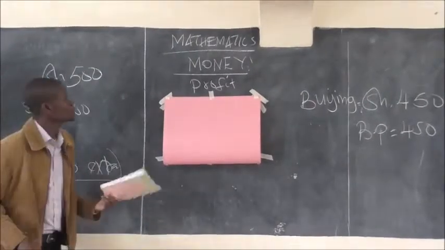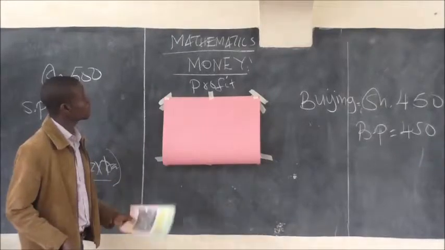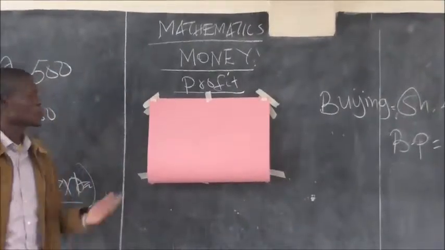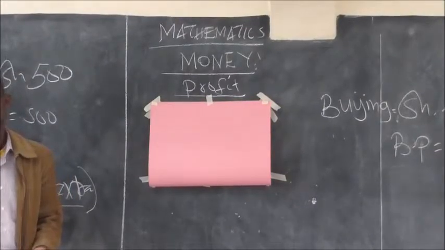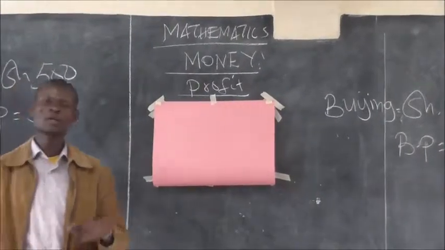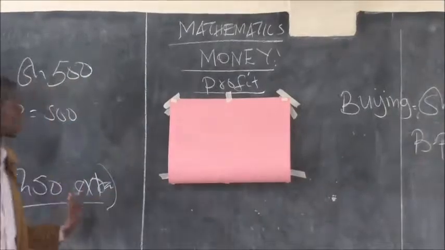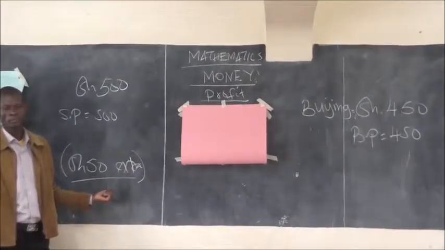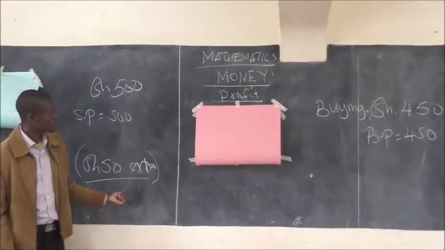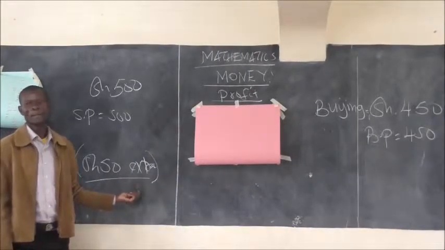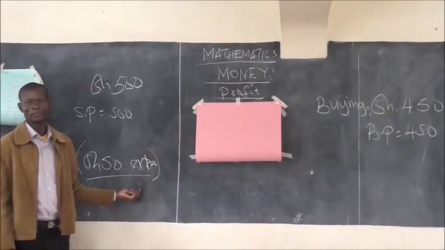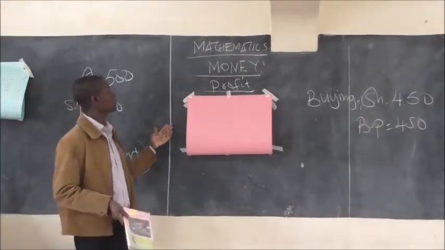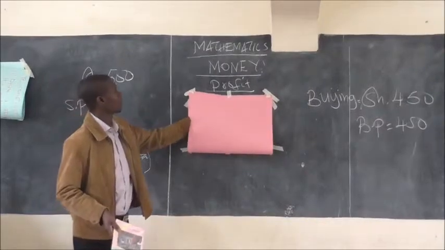So the first thing we need to know before we work out any other example on how to calculate the profit is what profit is. So who can tell me what profit is from what you have seen on the board? Okay, that's a good trial. Somebody else? Good. Now let's see what the teacher explained on profit.